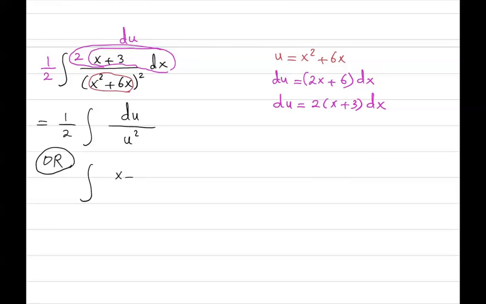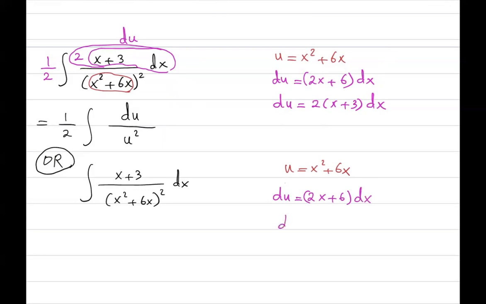If you have the integral of x plus 3 divided by x squared plus 6x to power 2 dx, when you take u to be x squared plus 6x, as we saw, du is equal to 2x plus 6 dx. So dx can be written as du divided by 2x plus 6, but make sure to write it in factors form. dx is du divided by 2 times x plus 3.